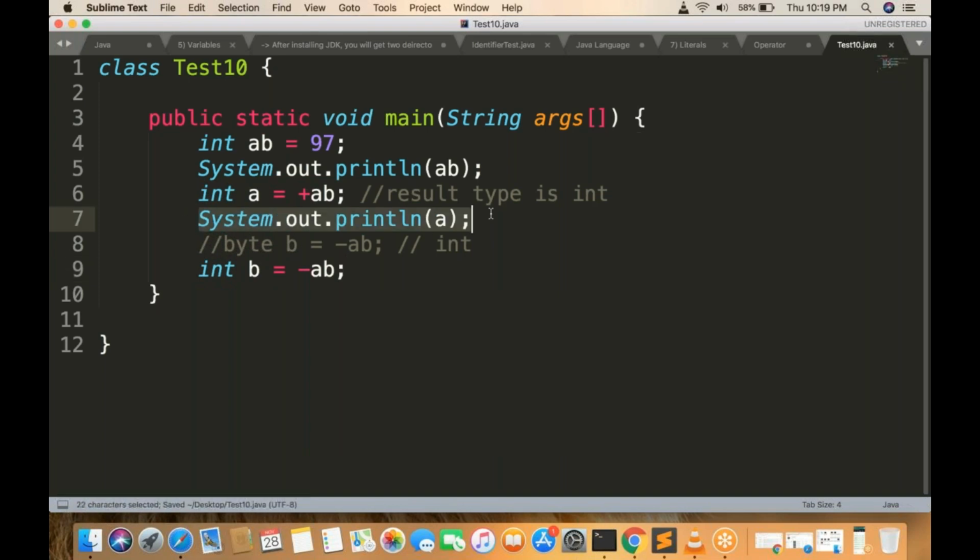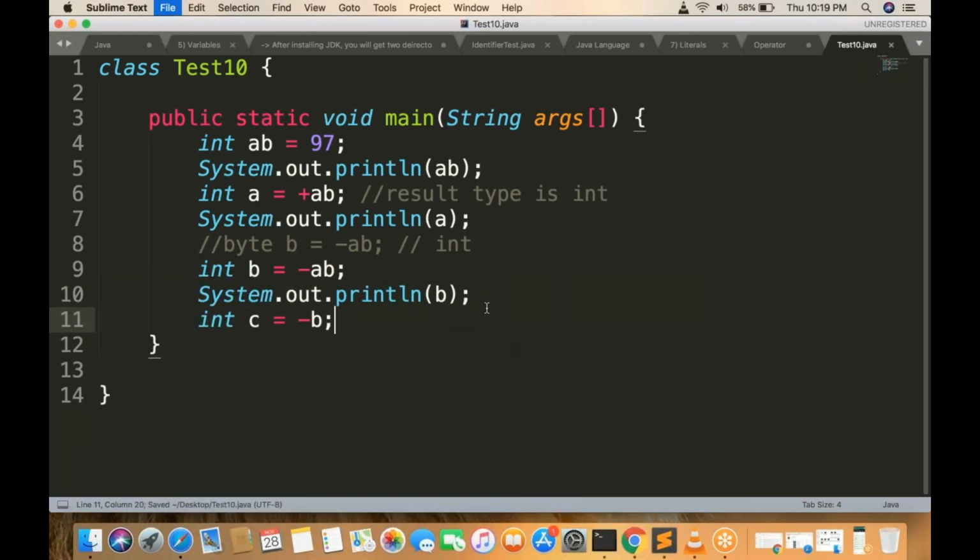Now suppose I take int c is equal to minus b. What is the type of this c? I mean, what is the result type here? Int only, right? Correct.